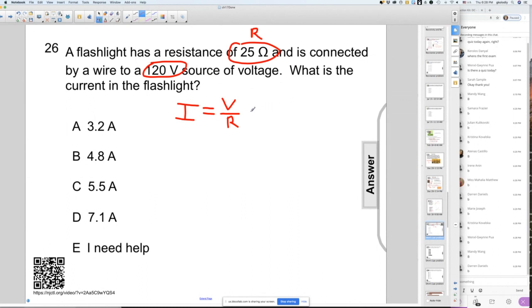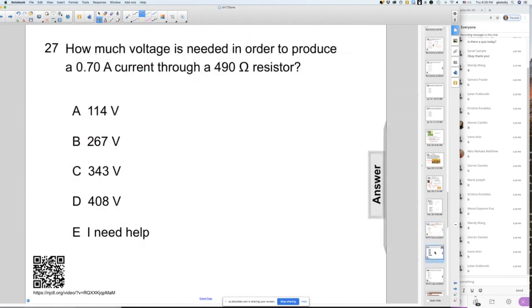Almost. Yep, B is the right answer here. So each problem gives you something a little different, but using the same formula.